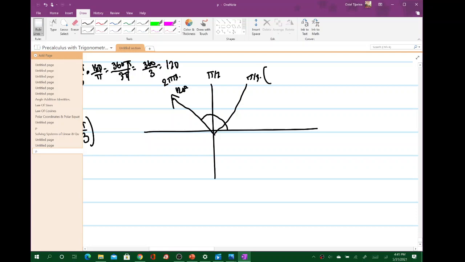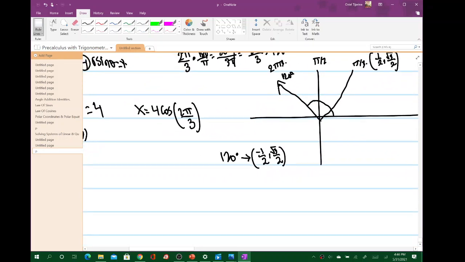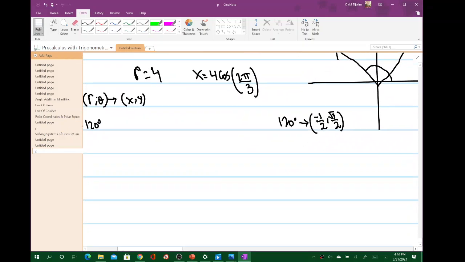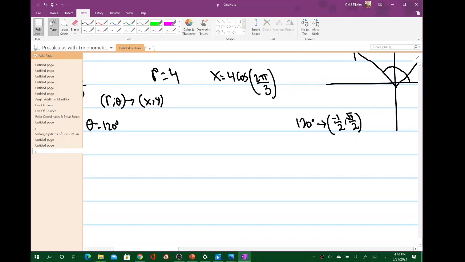The coordinate for pi over 3 is 1/2 comma square root of 3 over 2. So it's going to be the same coordinate, but with a negative x. At 120 degrees, you have the coordinate negative 1/2 comma square root of 3 over 2. You have to know your unit circle for this, by the way. It's very important that you know your unit circle for this.